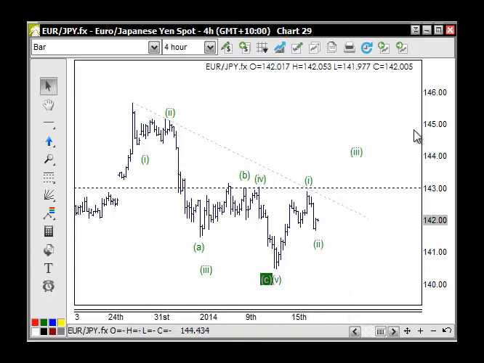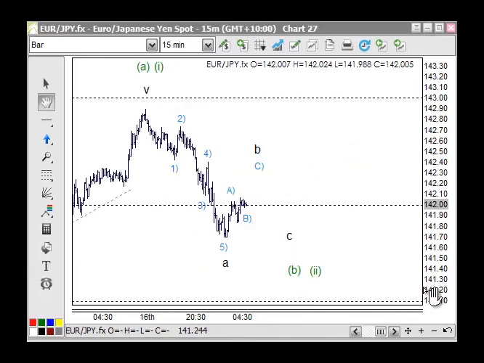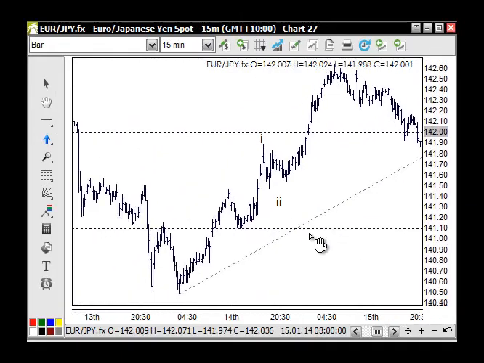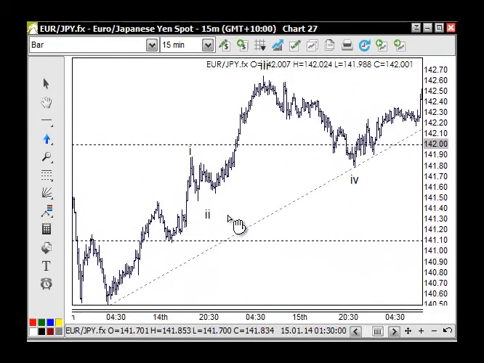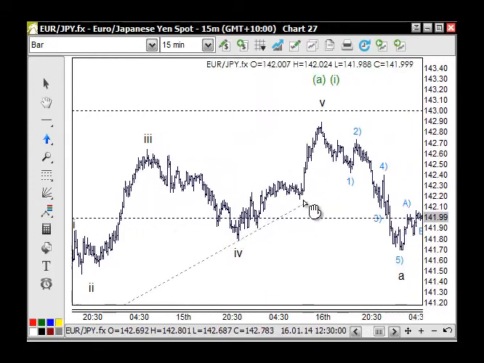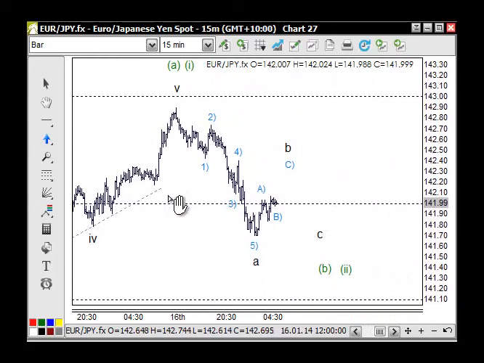So what have I done behind the scenes here? Okay, so we've got the same as the pound yen. The euro yen is the same. So we've got 1, 2, 3, 4, 5 for wave 1, and then wave 3, 4, and 5 here. Not as clean, but it's there.